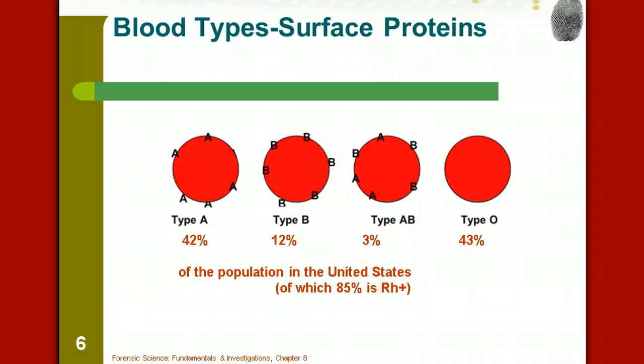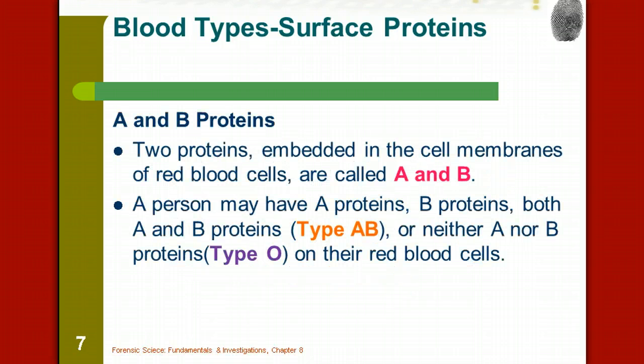Now, you'll notice that there's something else written down there at the bottom. I want you to note that the Rh factor is another type of protein that we're going to talk about in a minute. But 85% of the population in the United States is Rh positive. So A positive, B positive, AB positive, and O positive versus the negative. So let's talk a little bit about these A and B proteins.